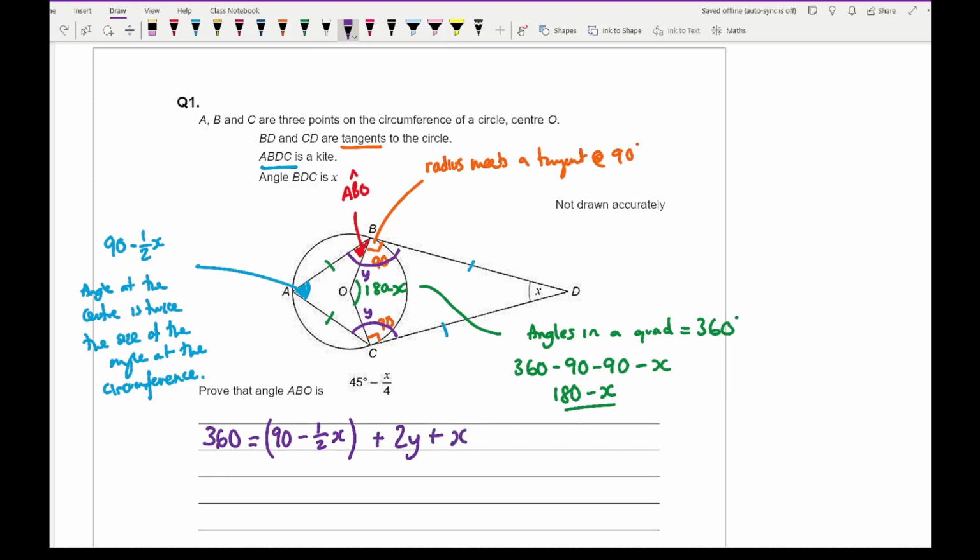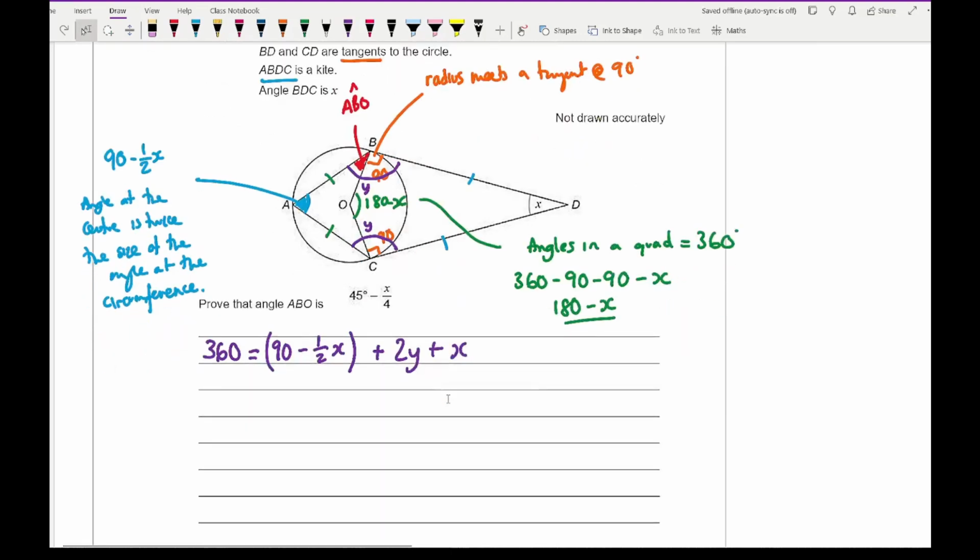Well, that equals, I should say, plus x. So from this I can work out y in terms of x. We've got 360 equals 90 minus a half x plus 2y plus x.